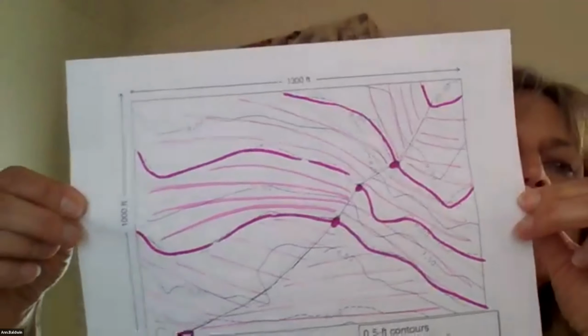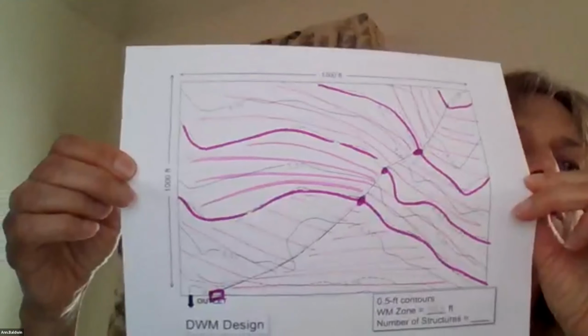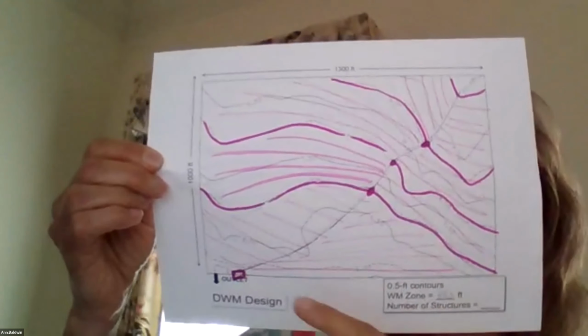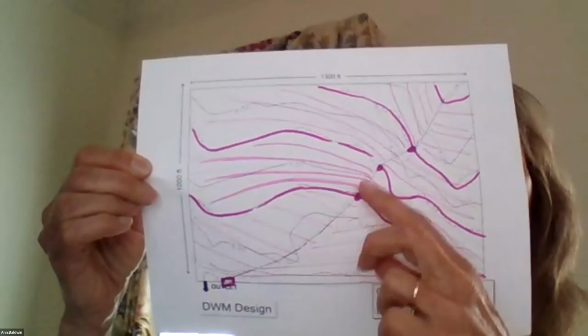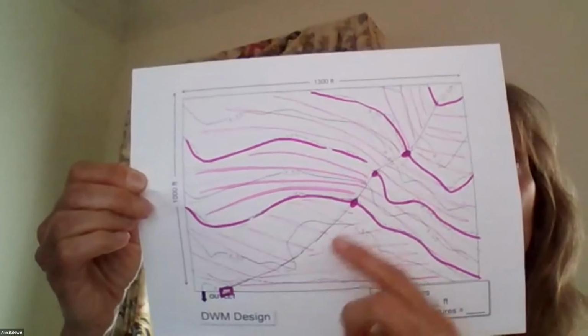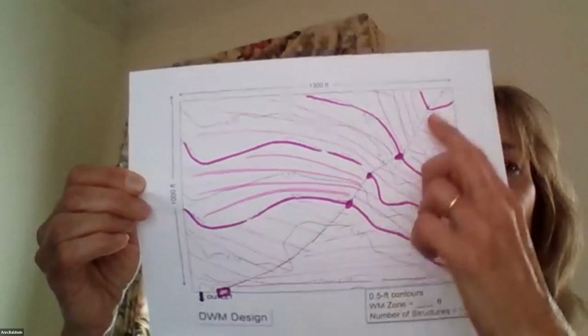This is Ann Baldwin from NRCS. I'll share mine. Hi, Ann. It's a combination of everything you've seen so far. I started with the structure at the lower end, and that was for 1.5 feet. Then I put in 3 water gates for the 7, 8, and 9.